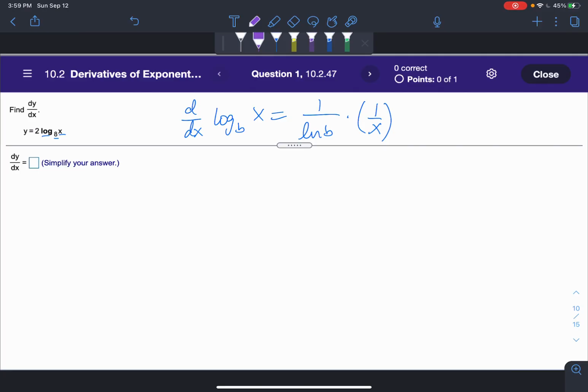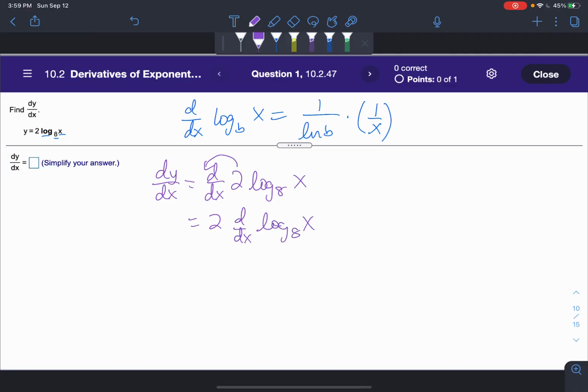We want dy dx, and that's going to be equal to d dx of 2 log base 8 of x. Let's pull out that 2 and get 2 d dx log 8 of x. And so this is my b here, that's my base.